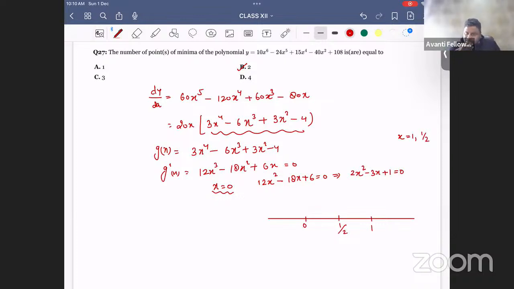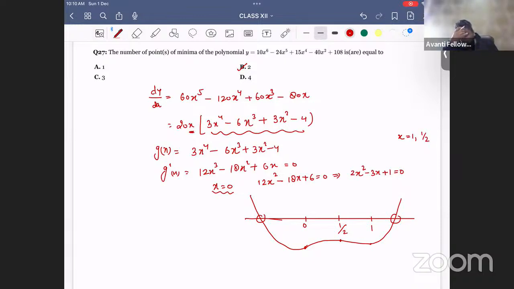So if I see the value of g(x) at 0, it is minus 4. At 1 by 2, it is still going to be negative. At 1, it is somewhere negative also. So the graph of g is going to be something like this. So the graph of g is having 2 zeros, and 1 zero is this.